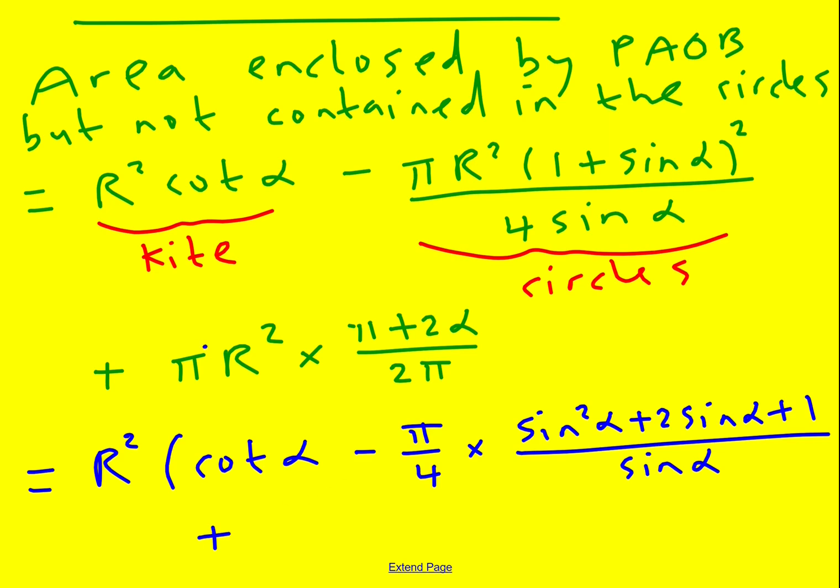And then here, this pi cancels with this pi. So I've got pi over 2 plus alpha.